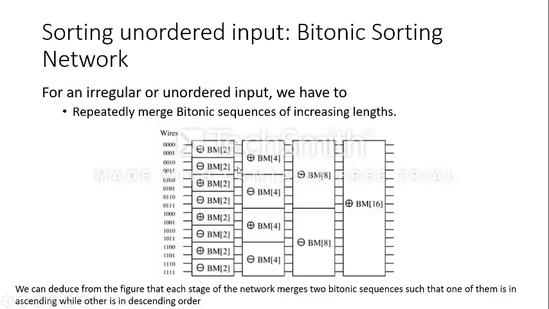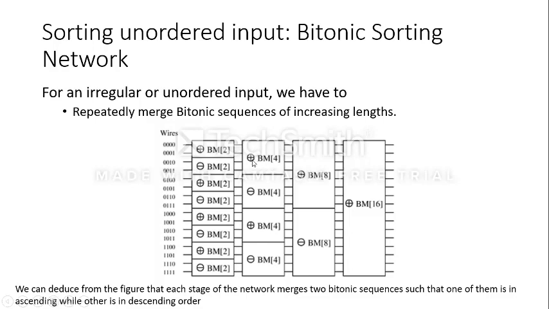So it is a Bitonic sequence with respect to these four values. Now with respect to these four values, we have to apply the increasing comparators only in this particular step of stage 2.